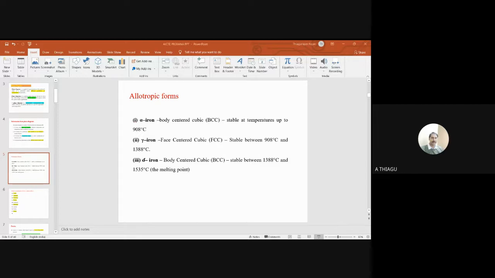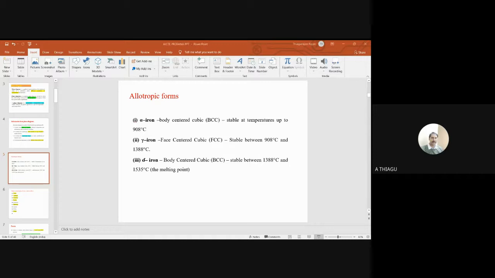Next, I just want to share some of the important reactions. We have already studied the reactions. One is the eutectic reaction, then eutectoid, and peritectic. So these are the three important reactions. You can see the particular composition and particular temperature.